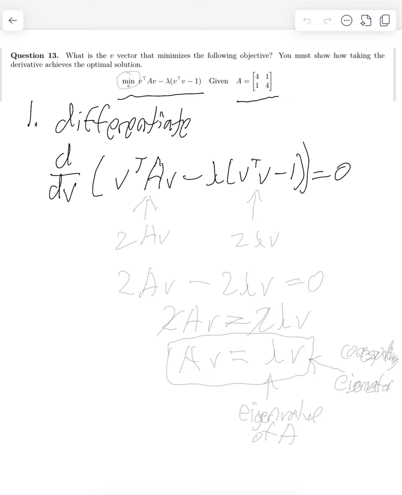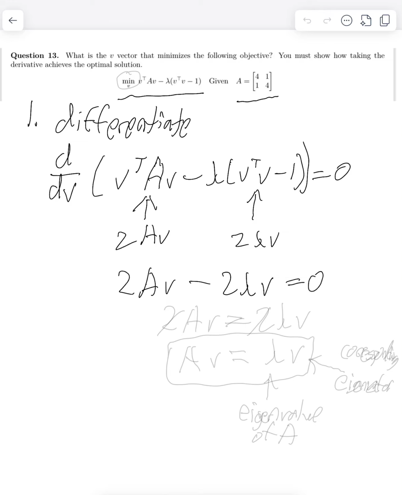The derivative of v^T A v would be 2Av, and then the derivative of this would just be 2 lambda v, since this is just a unit vector, so it just turns into v. After that, you combine the two, so 2Av minus 2 lambda v equals 0.